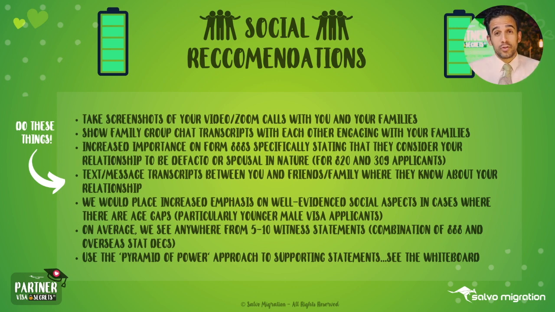Showing that you are part of each other's family group chats is great social proof that they know about the relationship, are supportive, and are talking about it. You're talking with them. It's clear evidence of the type of relationship you're portraying, because you go to the effort of inviting them into a group chat. You don't just put anyone into your family group chats. That's carefully protected, I find. So, a good recommendation.